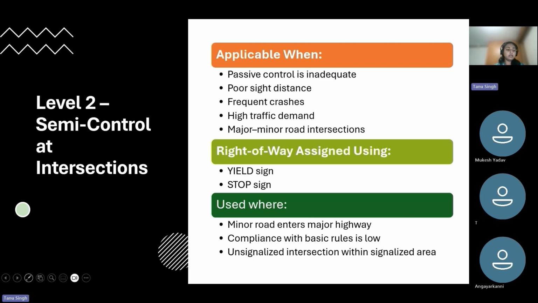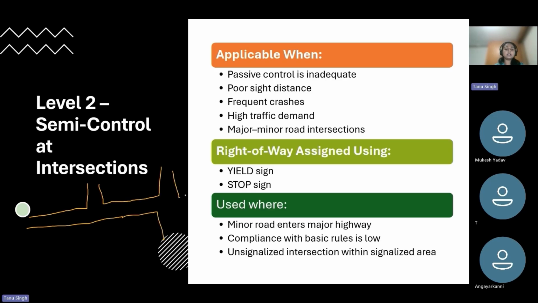For example, if this is an intersection, and further here is another intersection, and if we assume this intersection is signalized whereas this intersection is not signalized, then in this intersection we try to use semi-control, using the stop or yield sign.